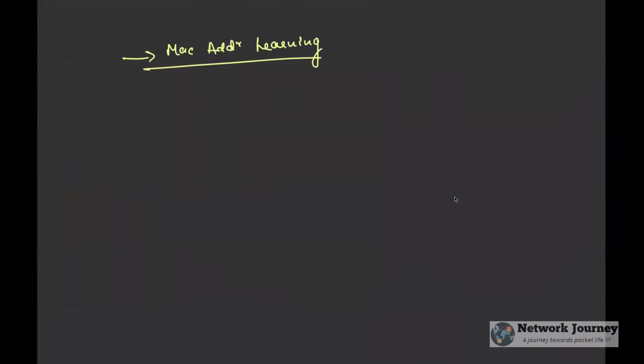ARP. Okay, but for example, this is a switch. This is my host which is connected to this switch. Again, I have another host which is connected to this switch. Now host one wants to send data to host two. So how is the switch going to learn the MAC address? Through the broadcast.